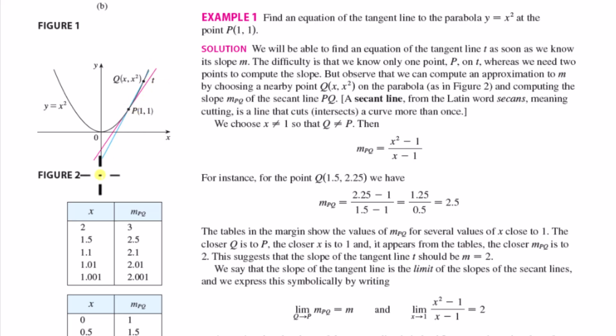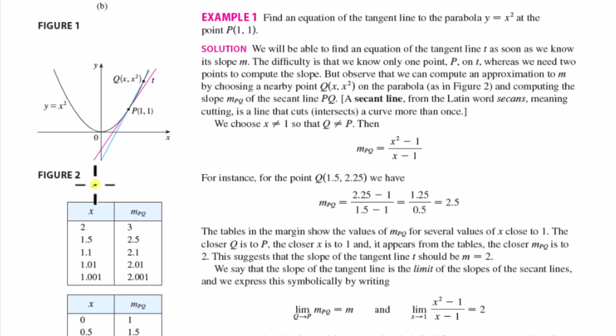Okay, so to calculate the slope of a line, we need 2 points, right? One point has coordinates x1 and y1. The other point has coordinates x2 and y2. And so the slope is m equals (y2 minus y1) divided by (x2 minus x1). It's all simple stuff from algebra related to lines.